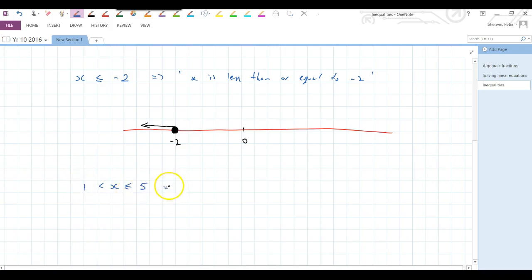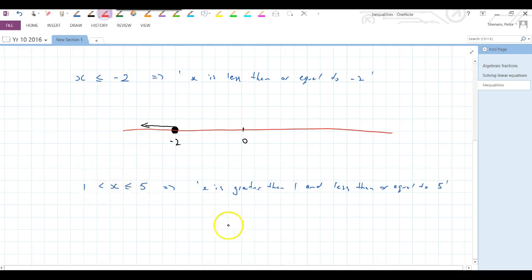What this says is x is greater than 1 and, not but, and less than or equal to 5. So that's what this statement says: x is between 1 and 5, including 5 but not 1.